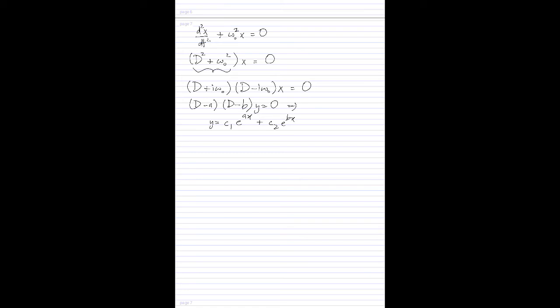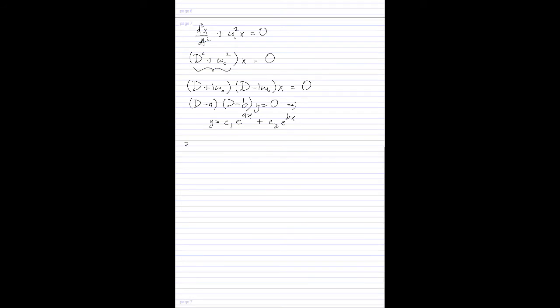It turns out, of course, in this case, for the simple harmonic oscillator, a is not equal to b because a is i omega naught and b is minus i omega naught. So we can straight away from this write down x as a function of t. You get c1 e raised to power minus i omega naught t plus c2 e raised to power plus i omega naught t.